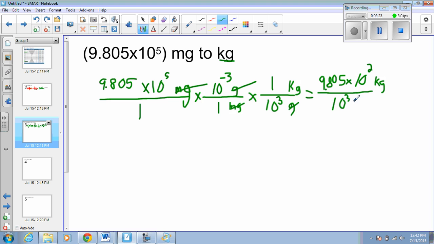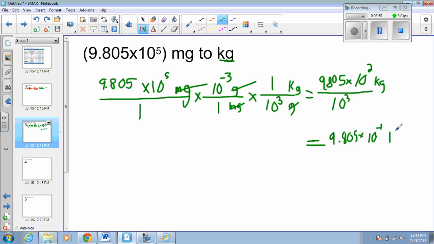That's great. Now let's finish this. If I divide powers of 10, 10 to the second over 10 to the third leaves me with 10 to the negative 1. And I just rewrite my number, 9.805.